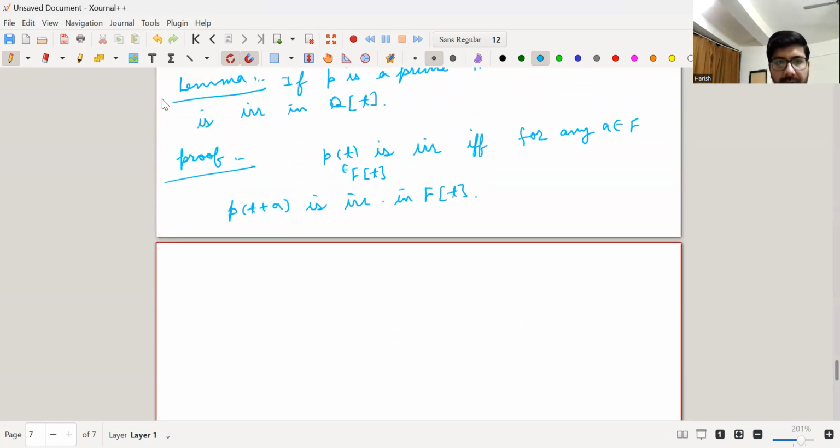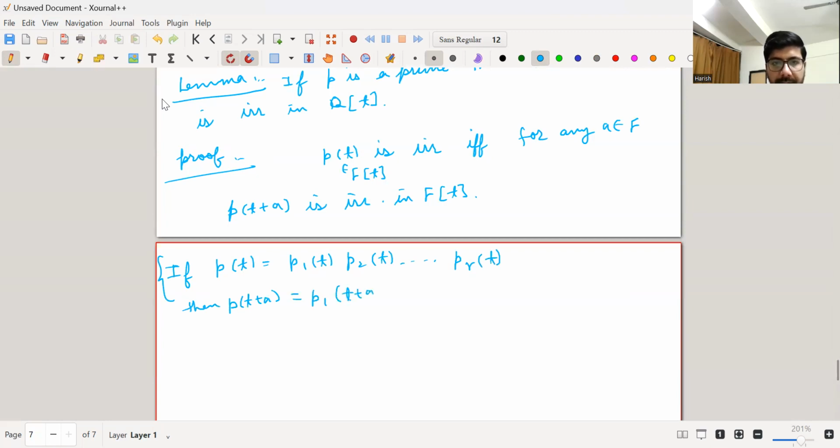Why? Because say p(t) is some p1(t) p2(t) and dot dot to some p_r(t), it has some r many factors. Then p(t plus a) will have the factors p1(t plus a), p2(t plus a), and dot dot dot p_r(t plus a). So this is also a polynomial in F[t], right?